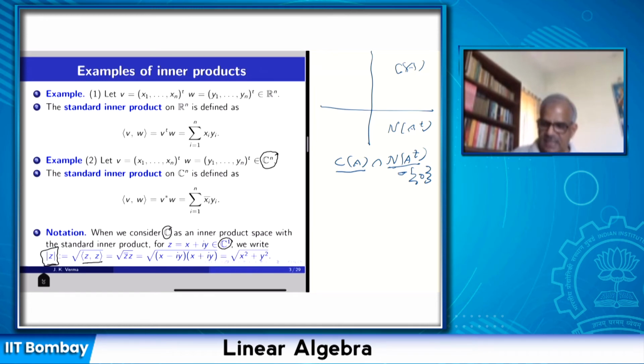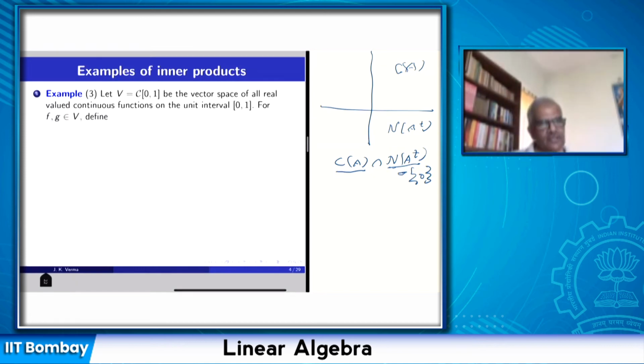You can go back and check those 4 axioms which I wrote: it is bilinear, then conjugate symmetry, and then positive definite and homogeneity. Those 4 axioms can be checked for both these operations, and you see that V transpose W or V star W introduce an inner product in Rn and Cn, so they are inner product spaces.